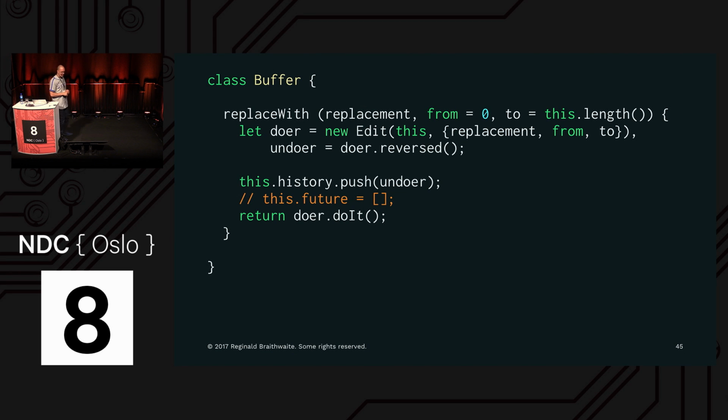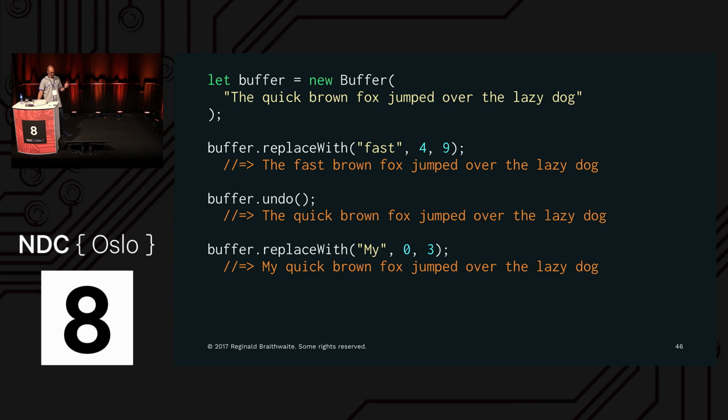Well, let's take a look at the anti-pattern. If we comment this line of code out and do something slightly different, we make a change to our buffer, we undo, we do another command.